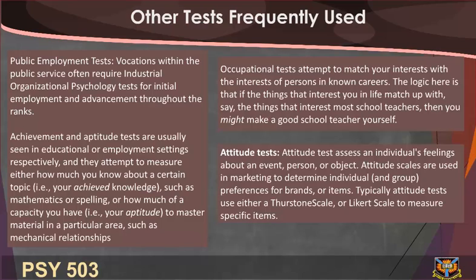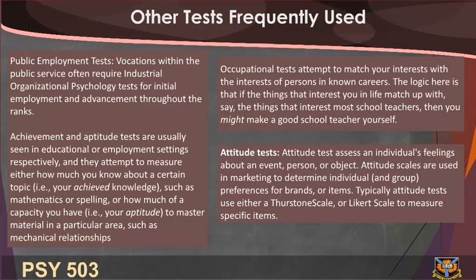Achievement and aptitude tests are usually seen in educational or employment settings respectively, and they attempt to measure either how much you know about a certain topic, that is, your achieved knowledge, such as mathematics or spelling, or how much of a capacity you have, that is, your aptitude, to master material in a particular area, such as mechanical relationships.